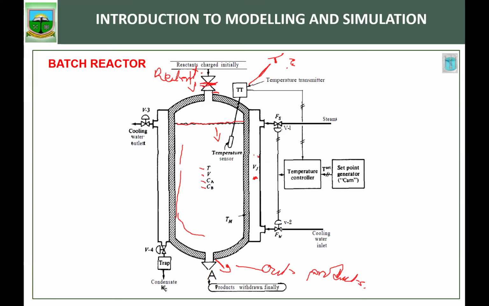Then we also have what we call a cooling fluid here. This one, this part. This cooling water is used to balance the temperature in case there's an increase in temperature due to the reaction. This one here is used to reduce the temperature. But this part here is used to heat the reactor.